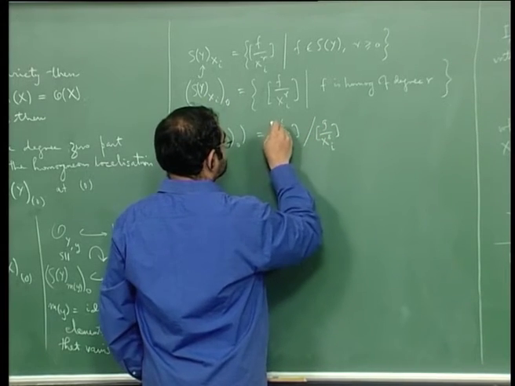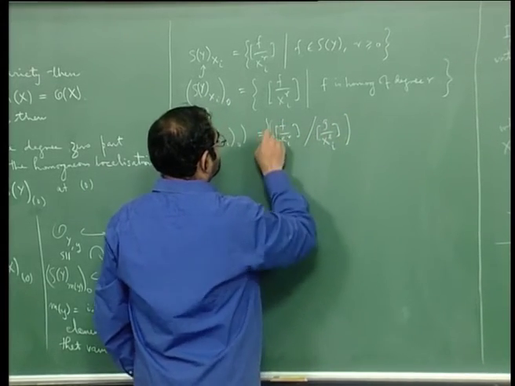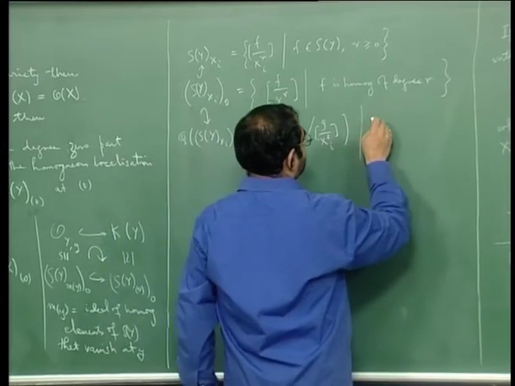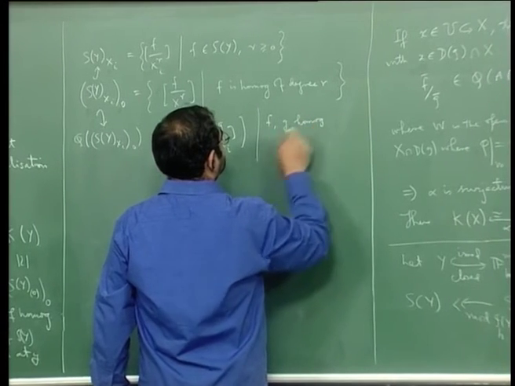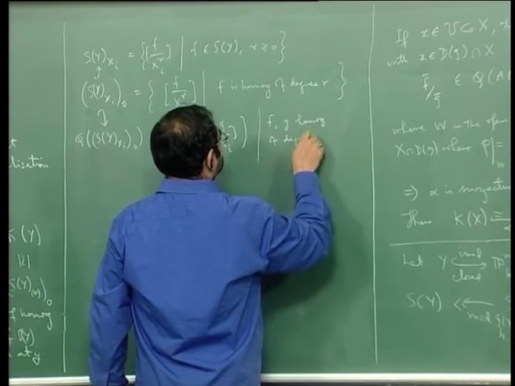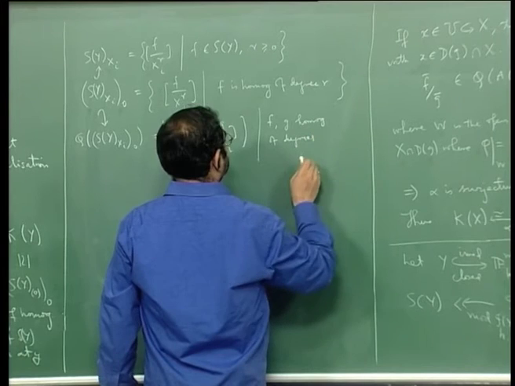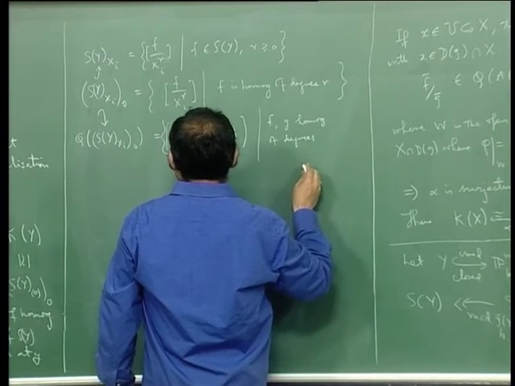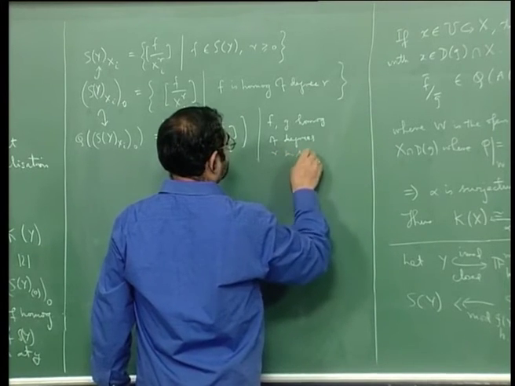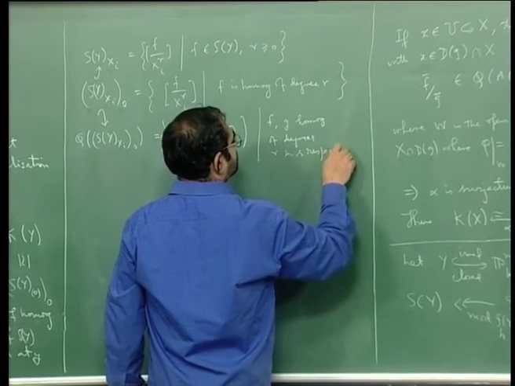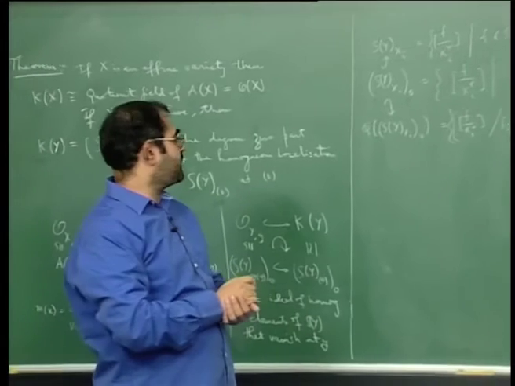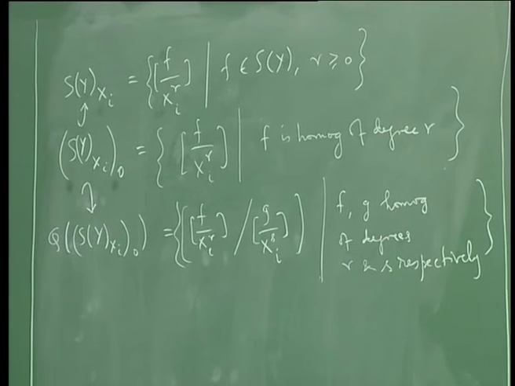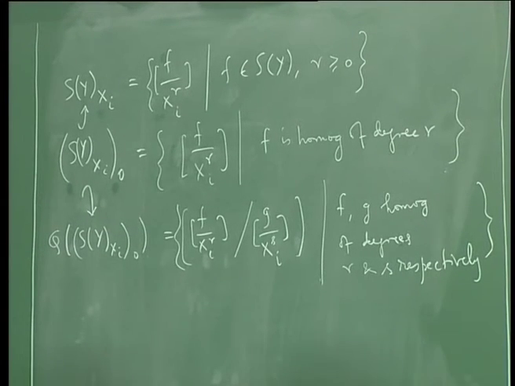It will be quotients like this, where f and g are homogeneous of degree r and s respectively. This is what it will be, all right, if I take the quotient field of that.